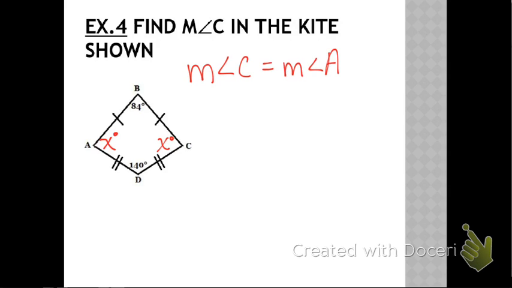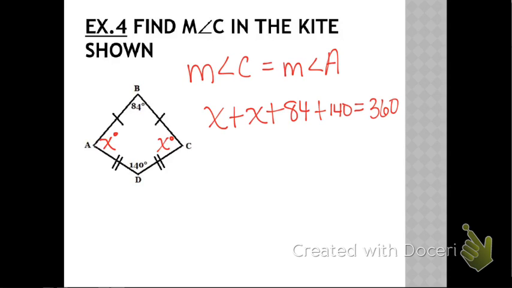This is going to go back to something we talked about earlier in the chapter. The angles inside any quadrilateral have to add up to 360 degrees. So we're going to take x plus 84 plus 140 and set it equal to 360.